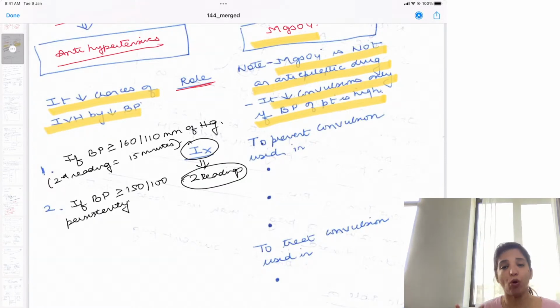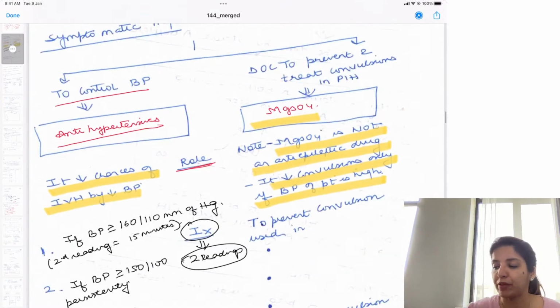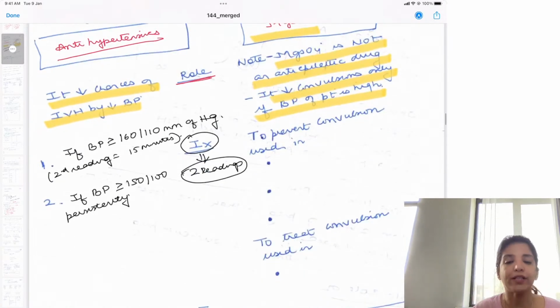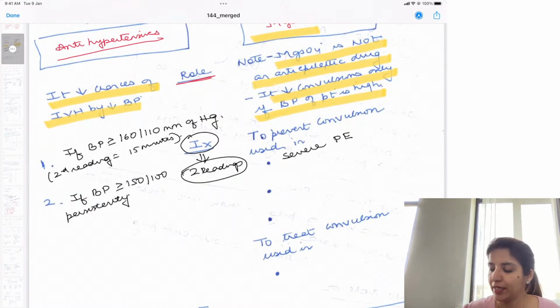Yes? Now what is the indication for giving magnesium sulfate? As I told you, magnesium sulfate can prevent and treat convulsions. So, in what conditions will you use magnesium sulfate to prevent convulsions? Magnesium sulfate is used to prevent convulsions in severe pre-eclampsia patients, in impending eclampsia patients, and in HELP syndrome.